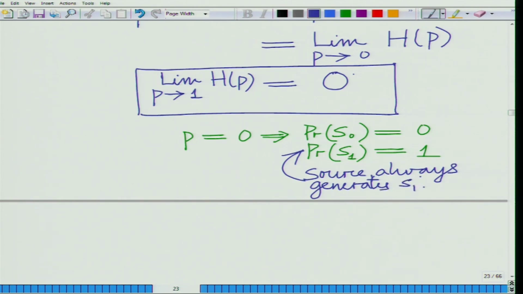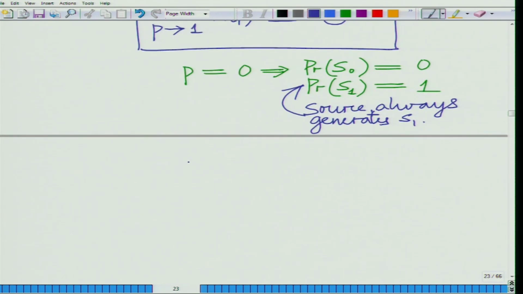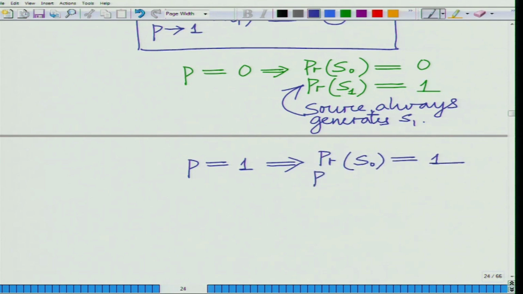So the source always generates S1. On the other hand, if p equal to 1, this implies the probability of S0 equal to 1, the probability of S1 equal to 0.